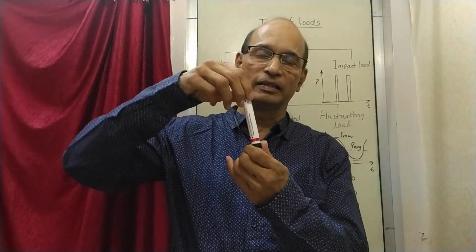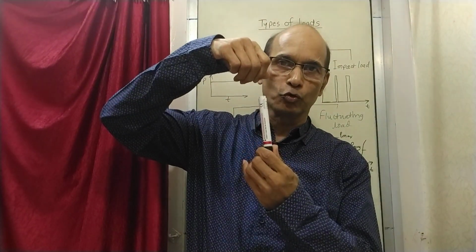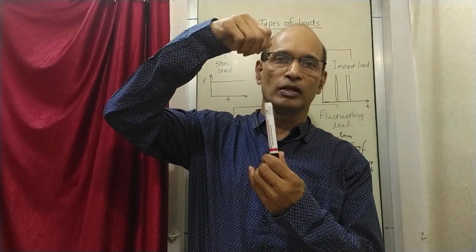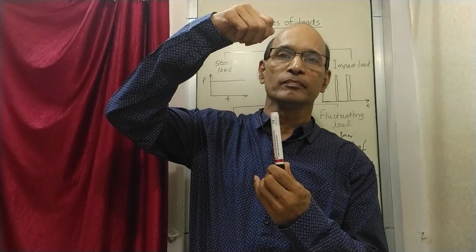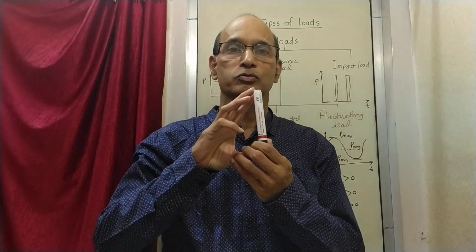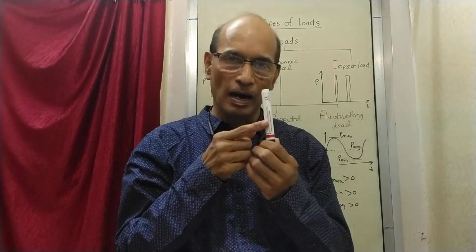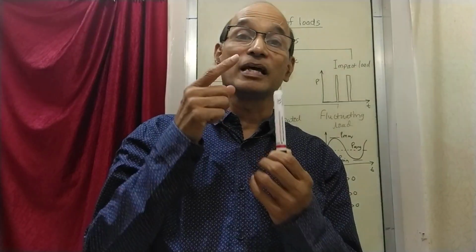So when there is a part like this and you start applying a load P, as you go on increasing P, the length of the part also will go on increasing. Take this part made of, let us say, rubber, because rubber is very easy to imagine.